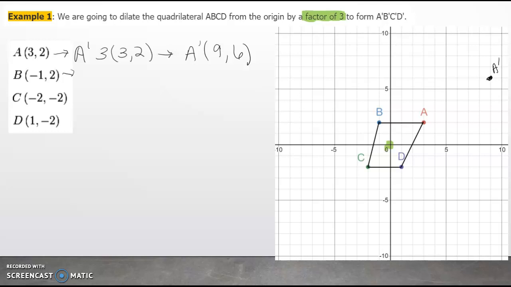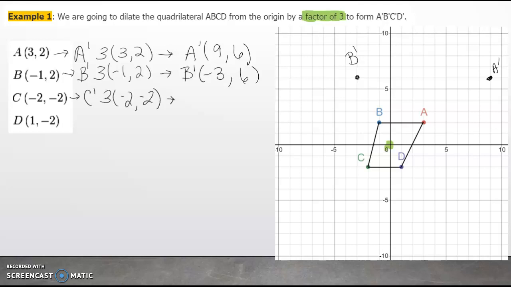We're going to do the same thing with the rest of the points. To find B prime, we'll multiply 3 times the point negative 1, 2, and we get negative 3, 6. So B prime will be at negative 3, 6. For C prime, we multiply 3 times the point negative 2, negative 2 to get C prime at negative 6, negative 6.